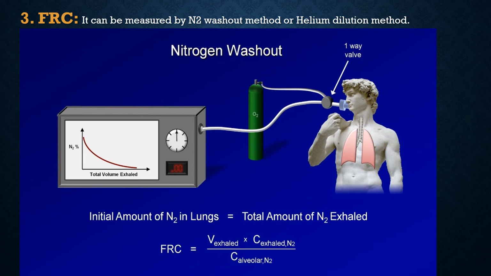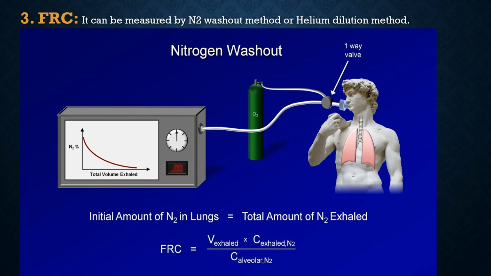If we put in the values, suppose the volume of exhaled air is 2000 ml, the concentration of nitrogen in the exhaled air is 100%, and the concentration of nitrogen in the alveoli is assumed to be 80%, we get approximately 2.5 liters. That's how we calculate the FRC.